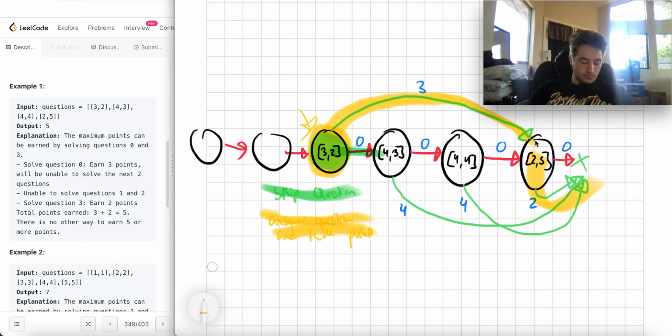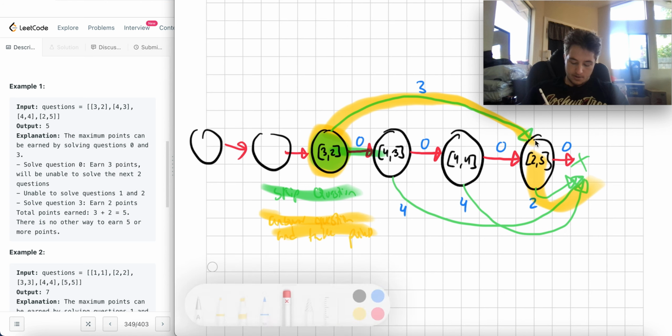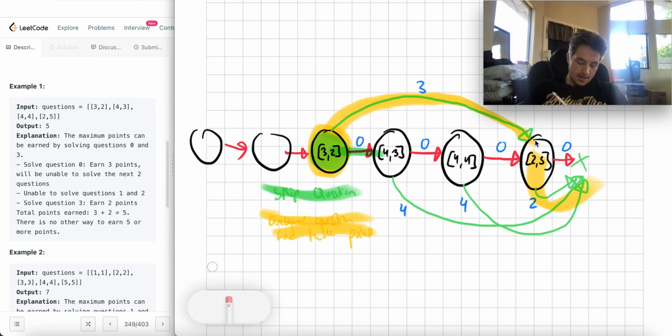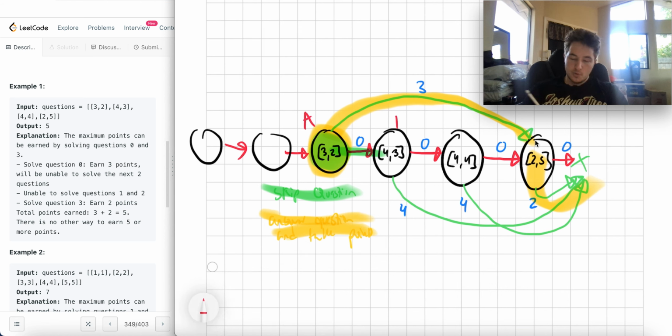Meaning, if we call this, sorry, let's see how we're going to do this. Let's go red. So this was point A. This was point B. And this was point C.